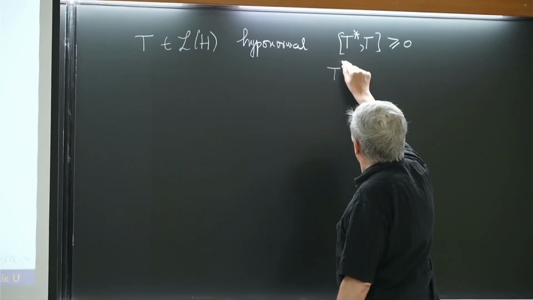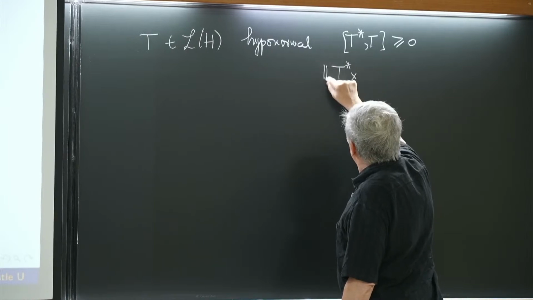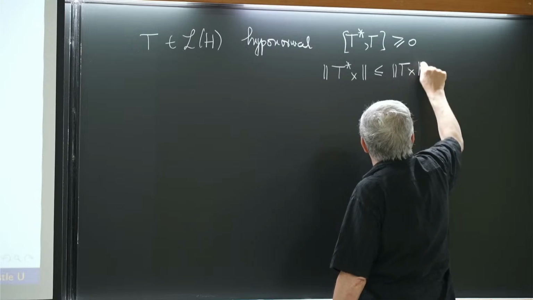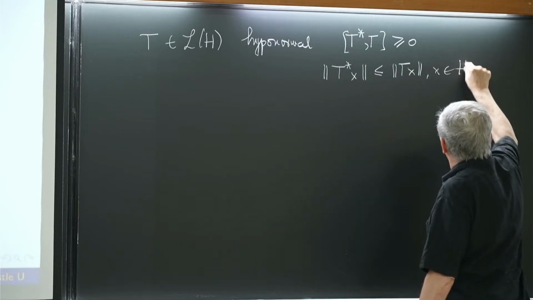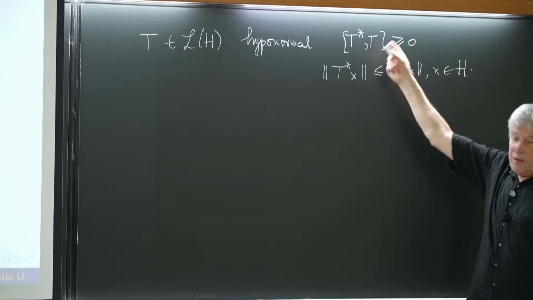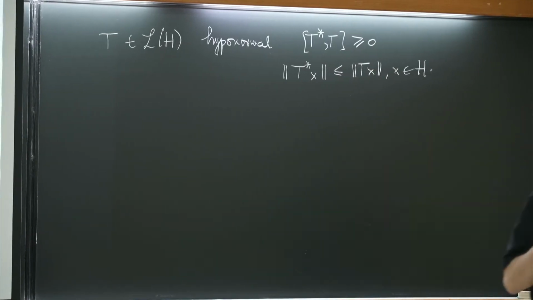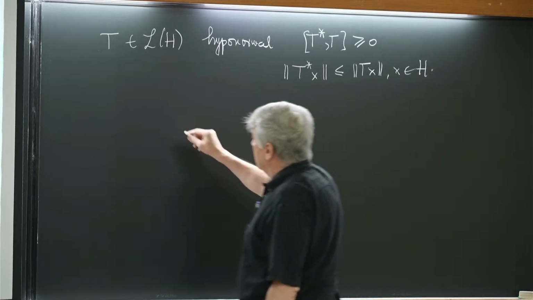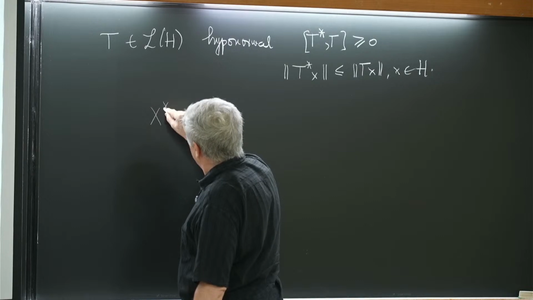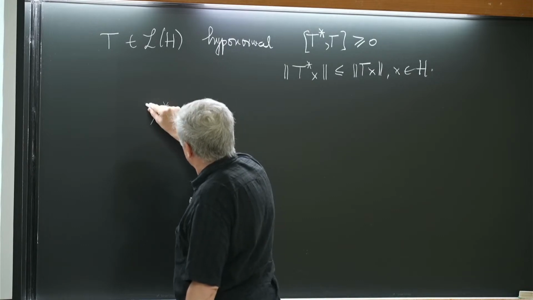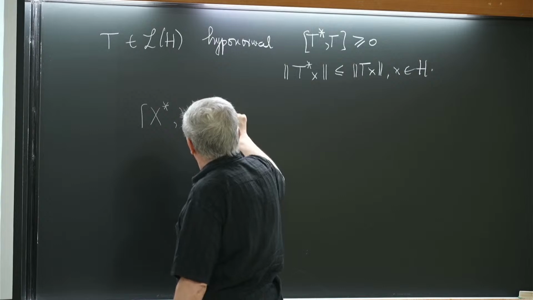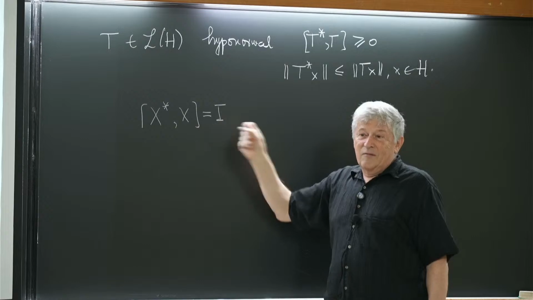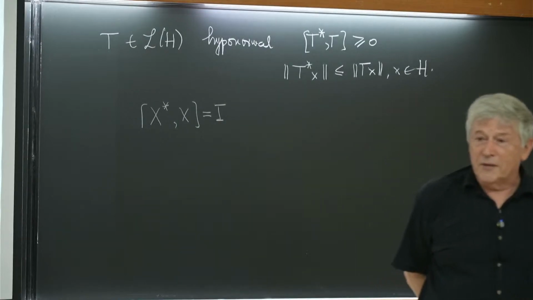T star does not increase the length of a vector, for any x in the domain. Why is this class important? As you probably know, if you want to solve the Heisenberg commutation relation with the identity, this is not possible with bounded operators.